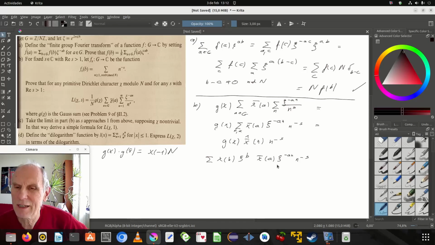I don't like this idea particularly. Now G was actually defined like the inverse Fourier transform here.